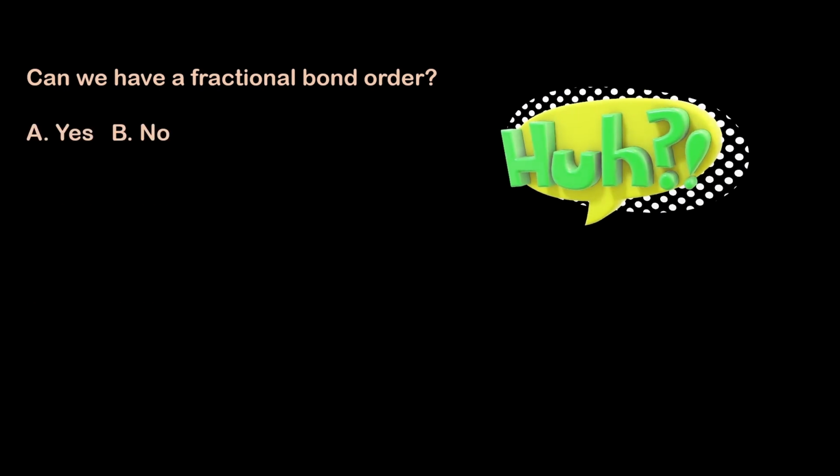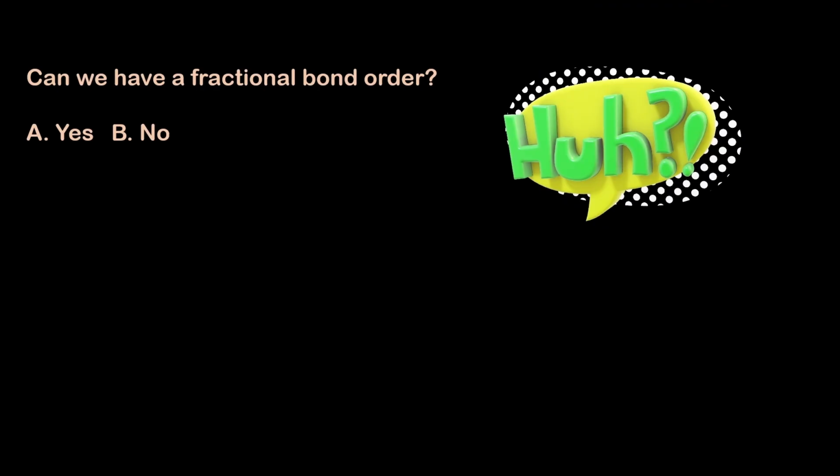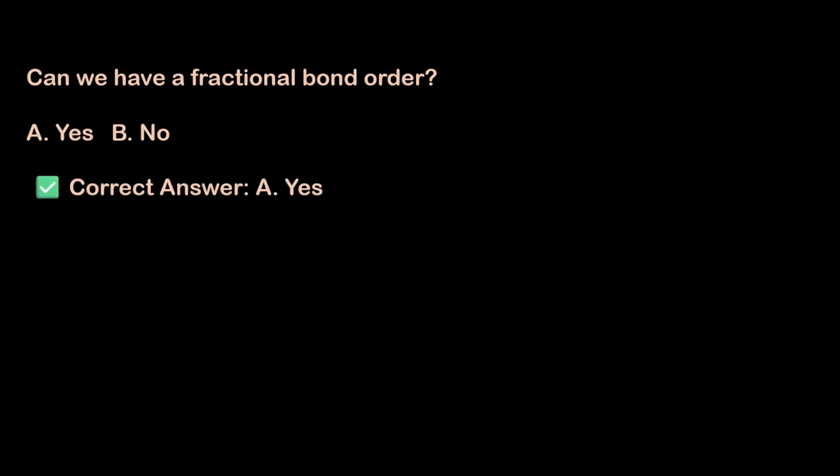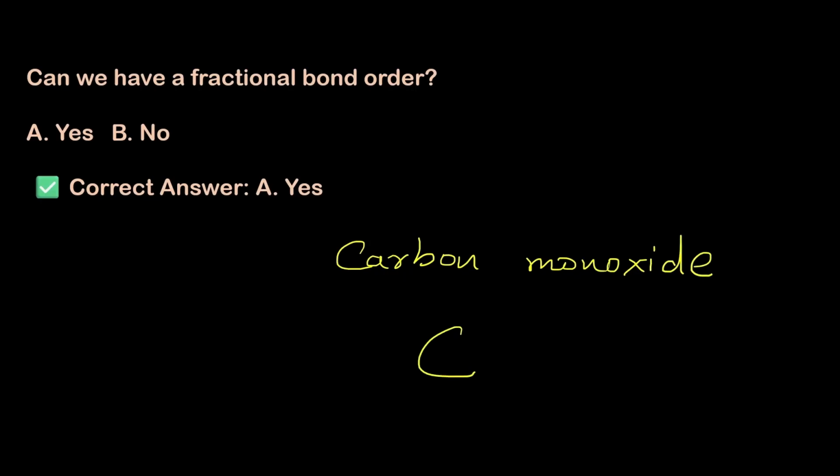Can we have a fractional bond order? The options are yes or no. Well, the correct answer to this is yes. We can have a fractional bond order. For example, we can consider the carbon monoxide molecule, which shows a bond order of 2.5.